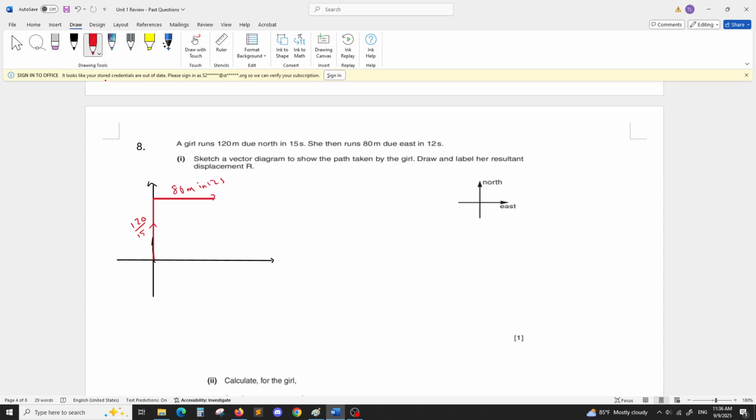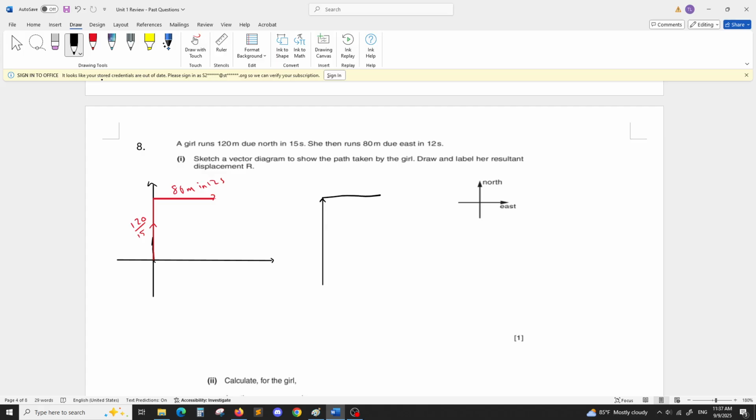Yep. So this is our diagram, basically, in the XY plane, of course. And generally, if you don't want it drawn in an XY plane, we can just simply say this is our north vector.